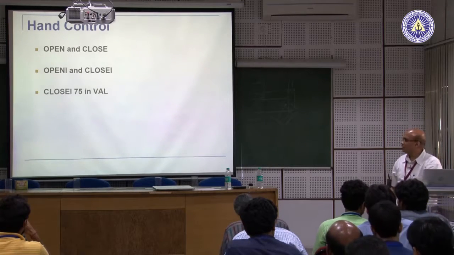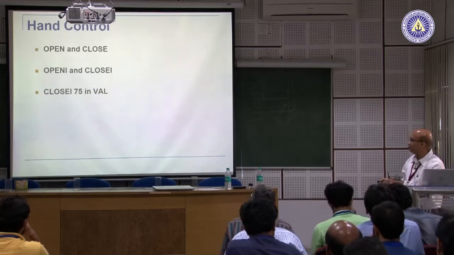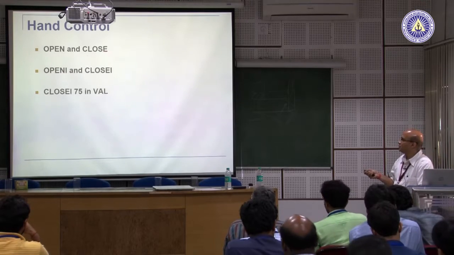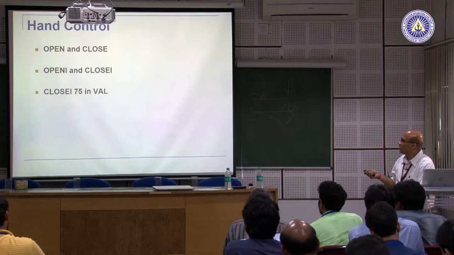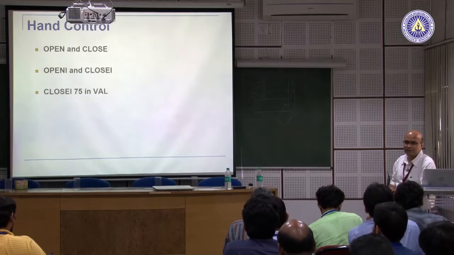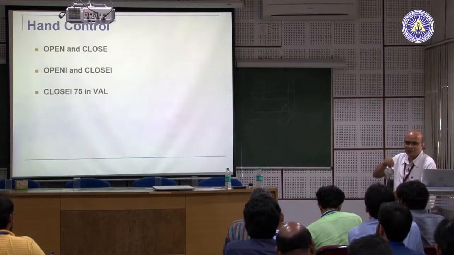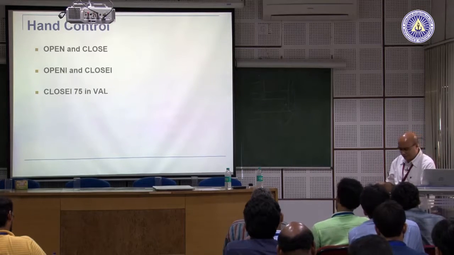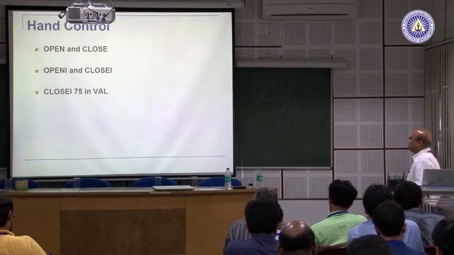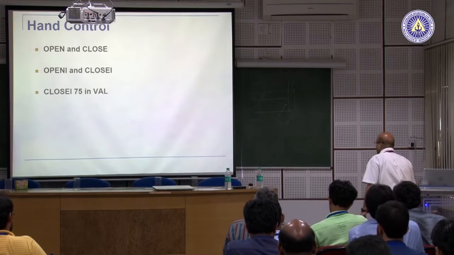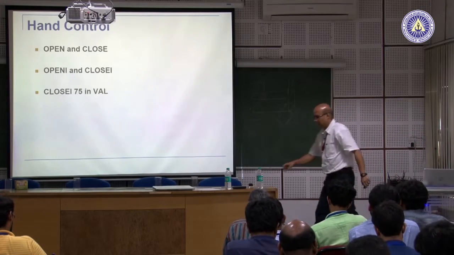The next set of commands that we have are open, close, open eye, close eye. Open eye and close eye are very simple, just like English: close the gripper, or open the gripper. Now suppose we write a program something like this.